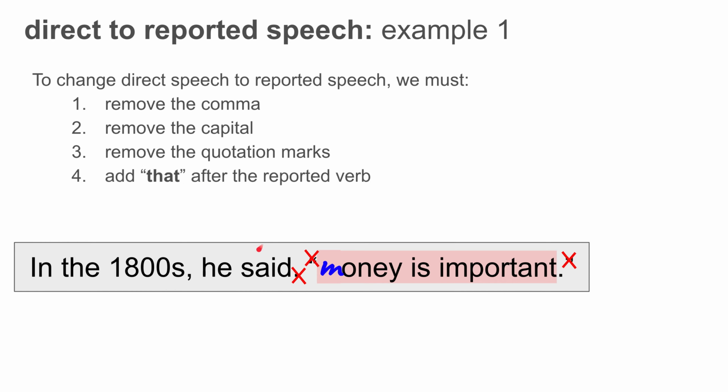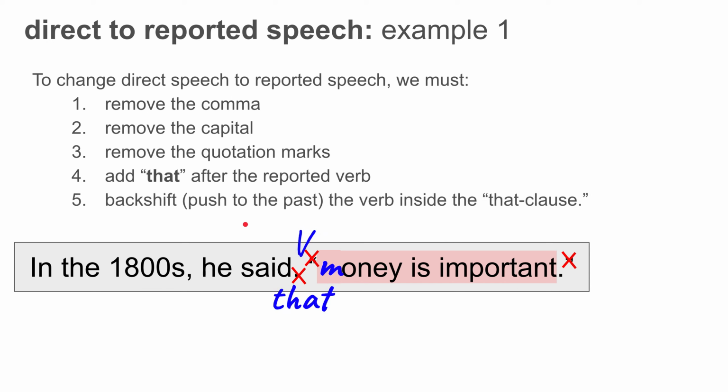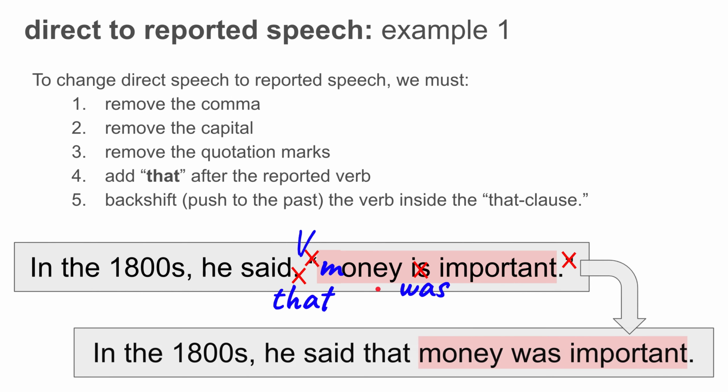What is the reporting verb? Said. So we're going to have said that. Lastly, we're going to backshift, that is push to the past the verb inside the that clause. In the 1800s, he said money was important. Okay, so as reported speech: in the 1800s, he said that money was important.